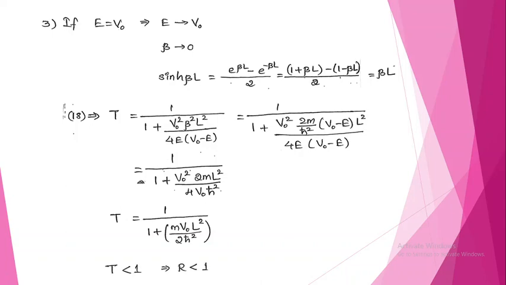Means 1 by a term greater than 1, we get T less than 1. And we know that R plus T is equal to 1, and when T is less than 1, R will again be less than 1 itself. So when you add up, totally it has to give you unity.